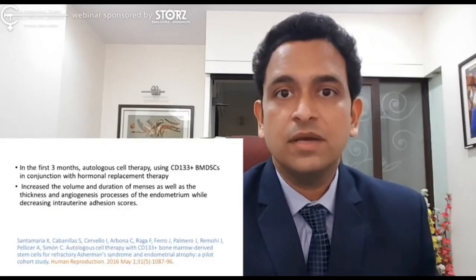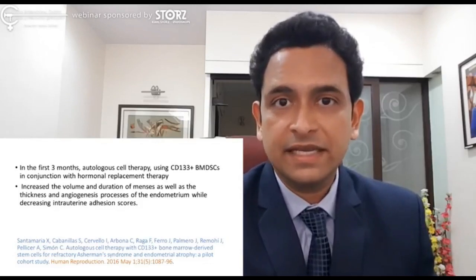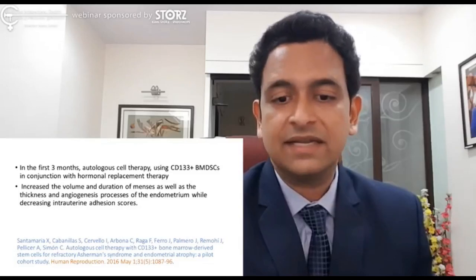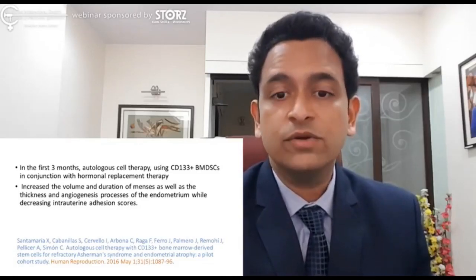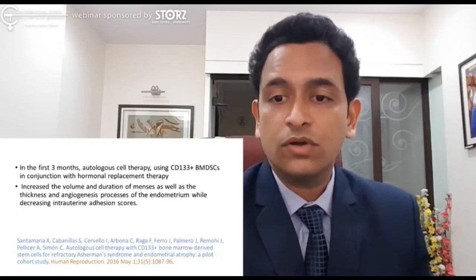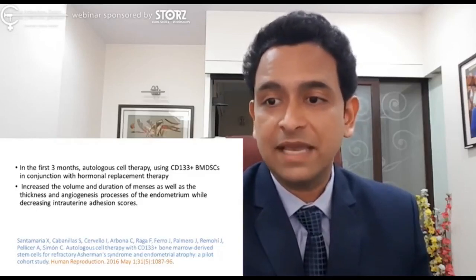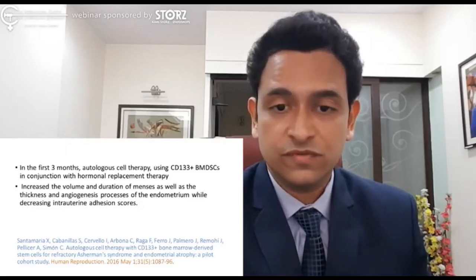Looking at some of the newer treatment avenues that are being explored nowadays, particularly the role of stem cell therapy in cases of Asherman syndrome, this particular study by Santa Maria and colleagues published in Human Reproduction in 2016 claimed that in the first 3 months, autologous cell therapy using bone marrow derived stem cells in conjunction with hormone replacement therapy was useful.